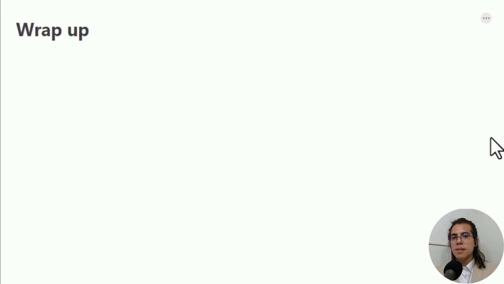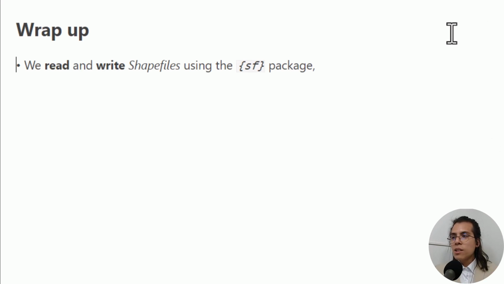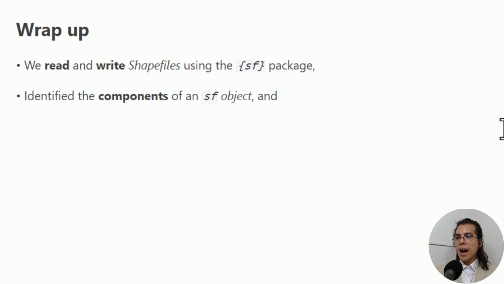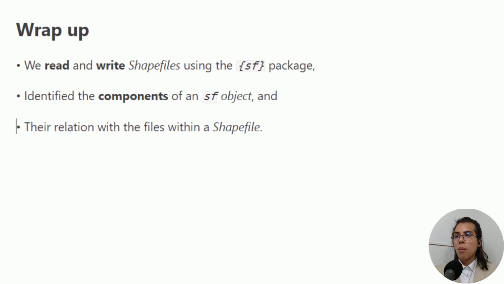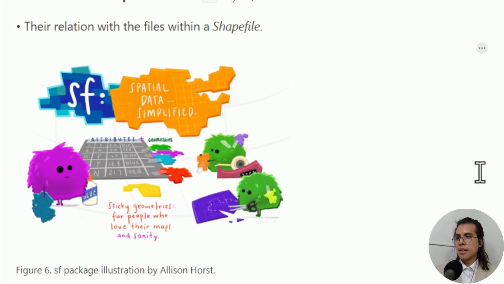Okay, so now it's time to wrap up. In this lesson, we learned how to read and write shapefiles using the SF package. And we identified components of SF objects and related each of them with the components of a shapefile. And yes, SF is a package that allows us to simplify spatial data in a lot of ways.